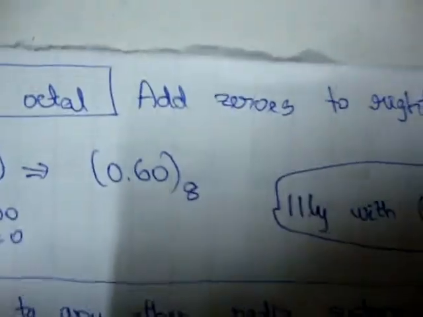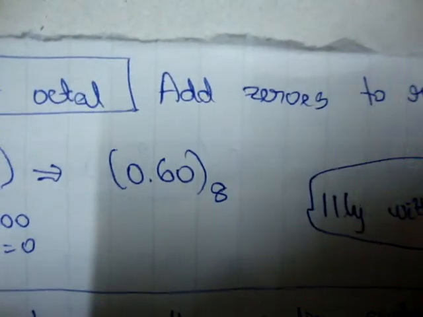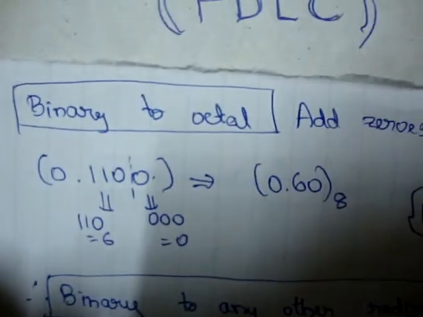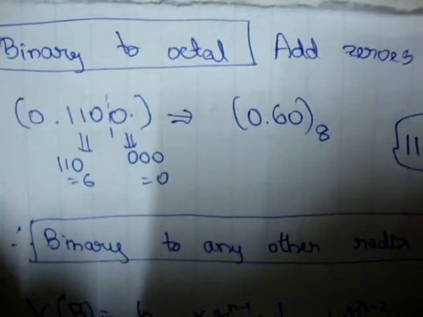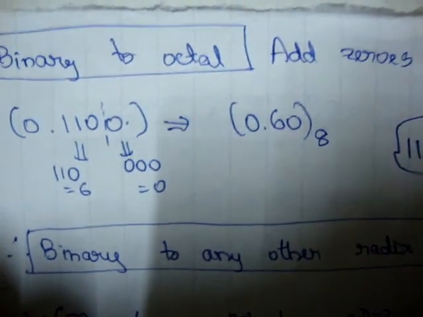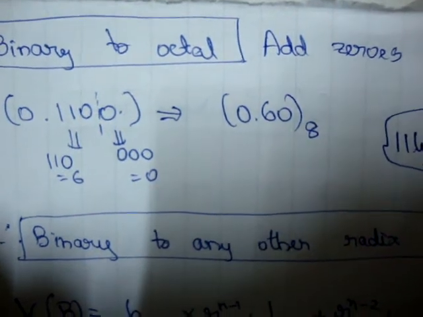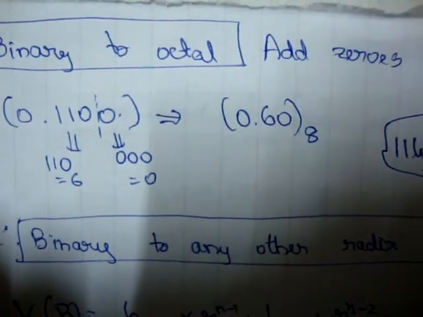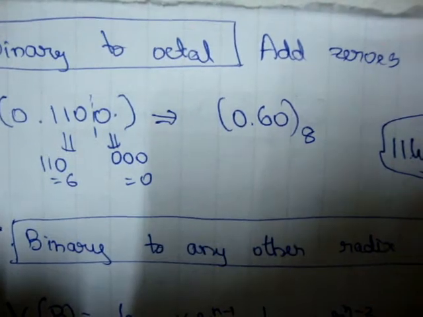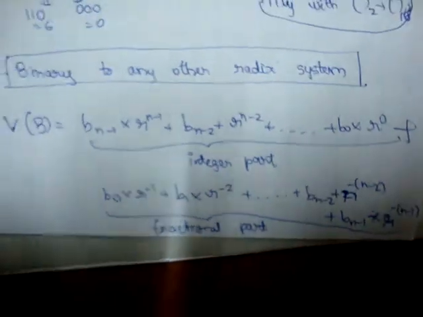Then convert as in the binary to octal conversions I have shown: 110 is 6, 101 is 5, 111 is 7, 001 is 1, 000 is 0, like that. Please go through the previous video.